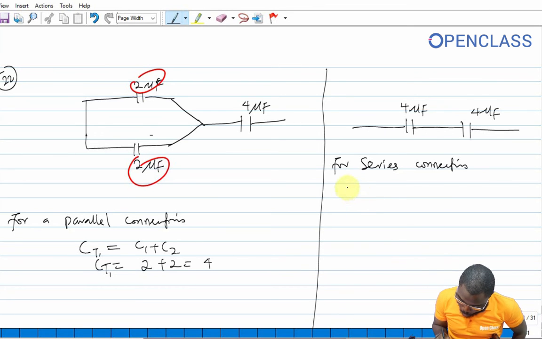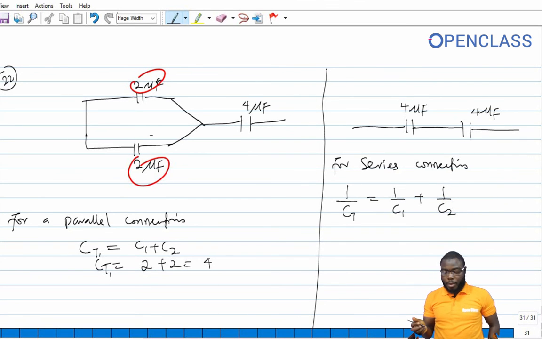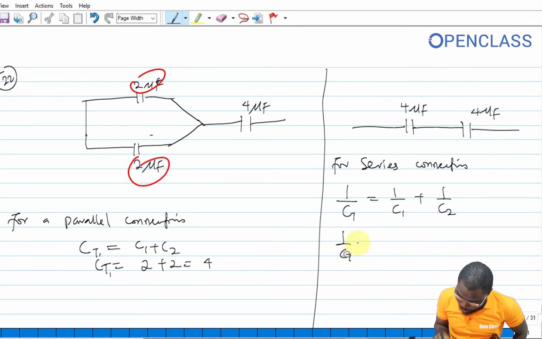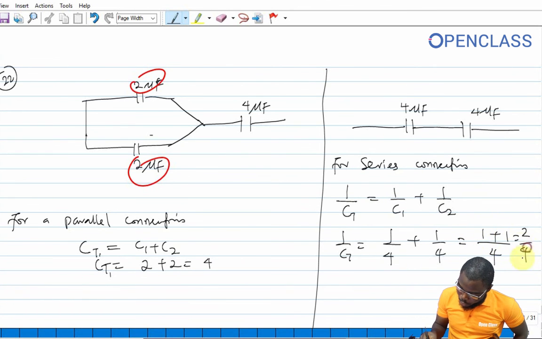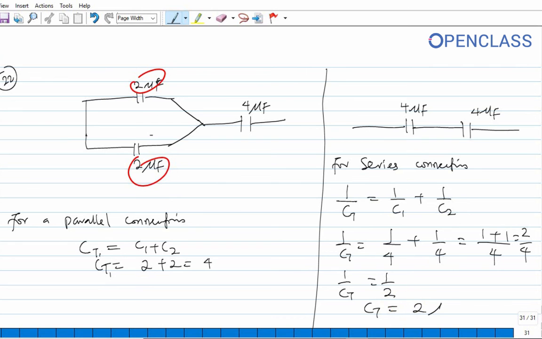So 1 over C total equals 1 over C1 plus 1 over C2 plus 1 over C3, depending on how many you have. So 1 over C total is equal to 1 over 4 plus 1 over 4. A quarter plus a quarter gives you a half, that is 2 over 4, which is 1 over 2. If you cross multiply, you have C total equal to 2. So your C total is 2 microfarad.